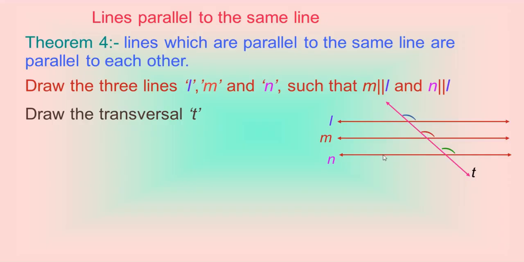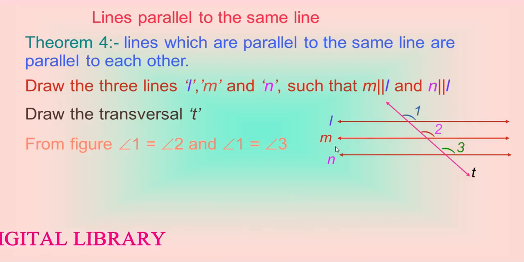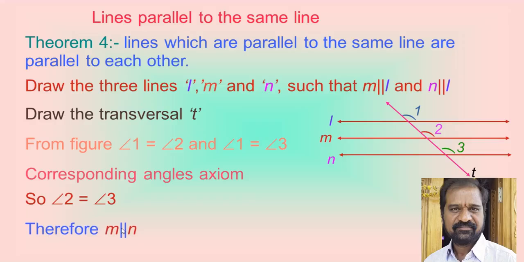For L and N, these two corresponding angles are equal too. We name them 1, 2, 3. From the figure, 1 is equal to 2 because L and M are parallel, and 1 is equal to 3. By the corresponding angle axiom, angle 1 is equal to angle 2 and angle 1 is equal to angle 3. Therefore, angle 2 is equal to angle 3. So therefore, M is parallel to N.